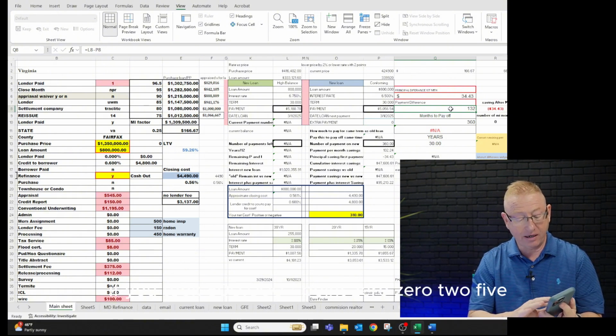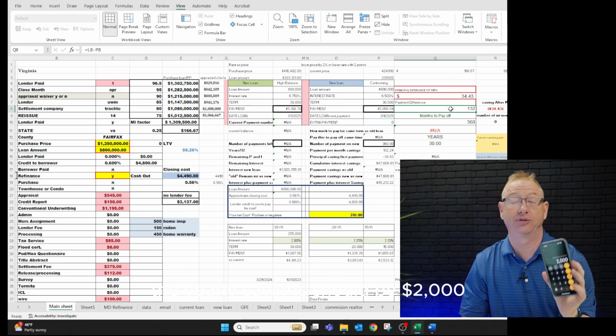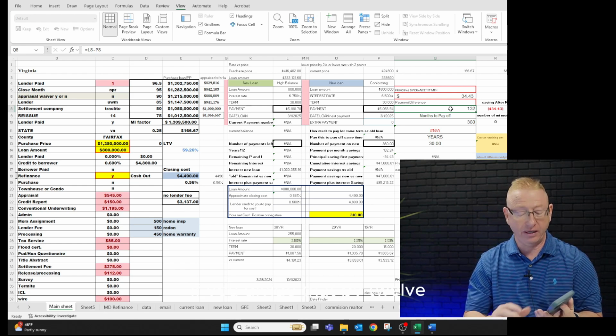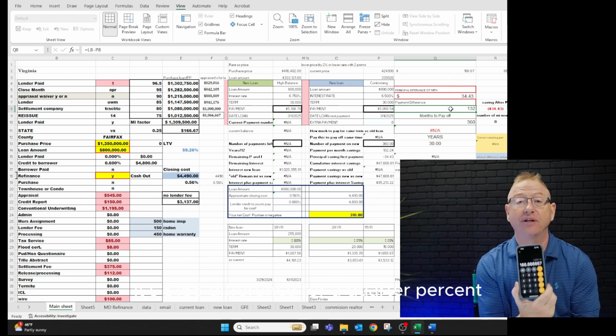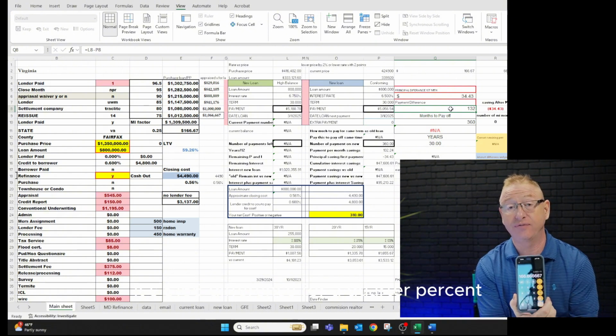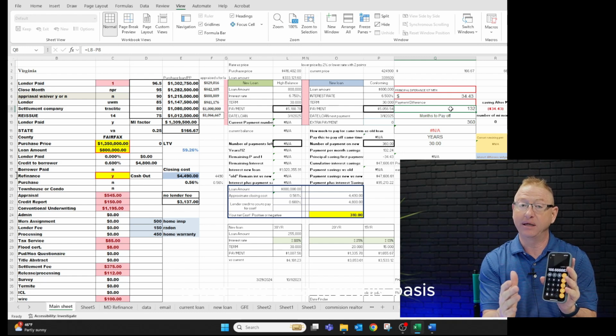If you took 800,000 times 0.0025, the yearly savings should be $2,000. If you divide that by 12, it's $166 difference for a 1/4% lower rate on a monthly basis.